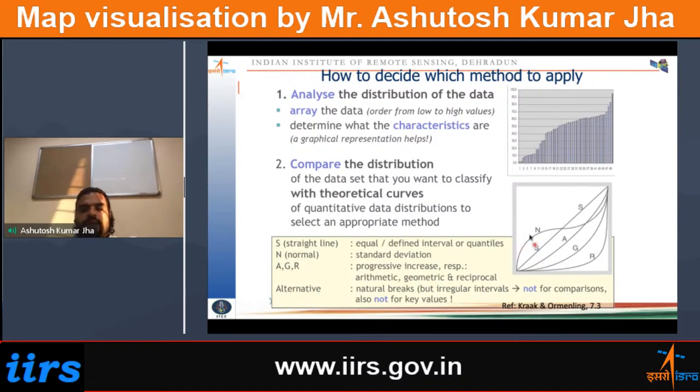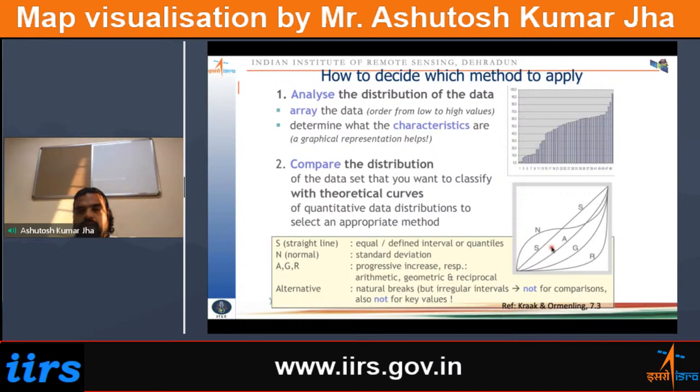In fact, this goes further: if you do natural breaks, then within each group we can again apply a separate classification based on the cumulative distribution of that class. This is an important aspect: whenever we do any kind of classification analysis, we should make sure how we are going to create the classes.